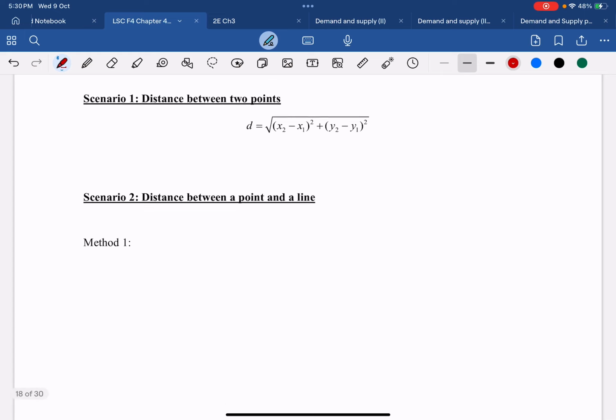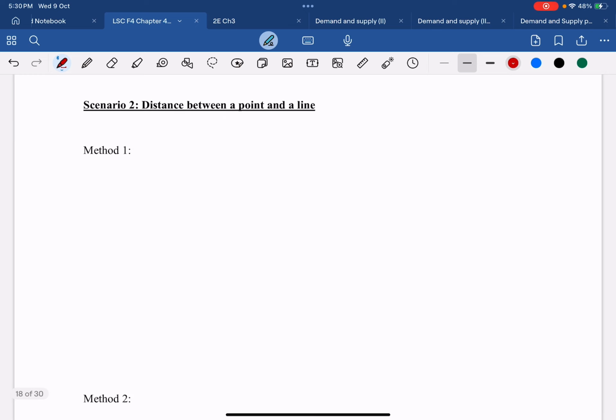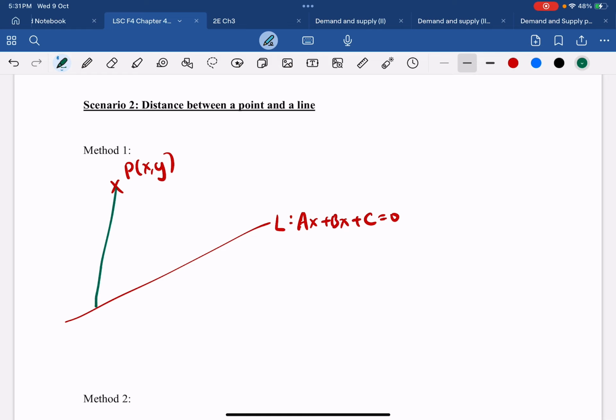Okay, so I want to find the distance from this point to this line. What does it mean by the distance of this point and this line? Because you can find this distance, this distance, this distance, and this distance, and these 4 green lines have different lengths.